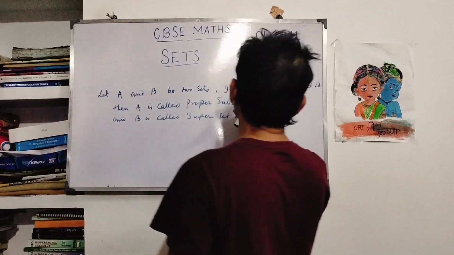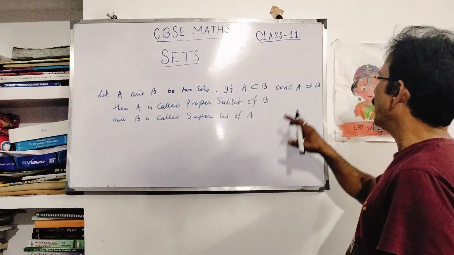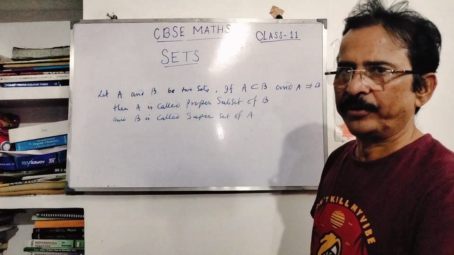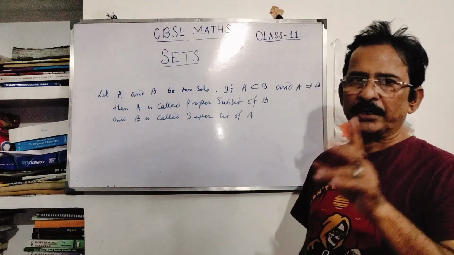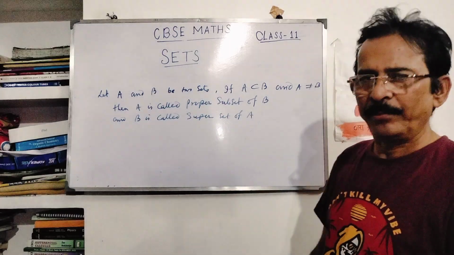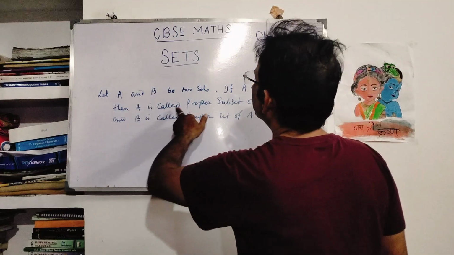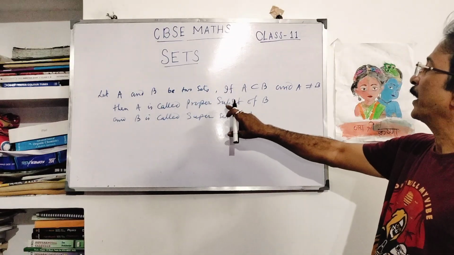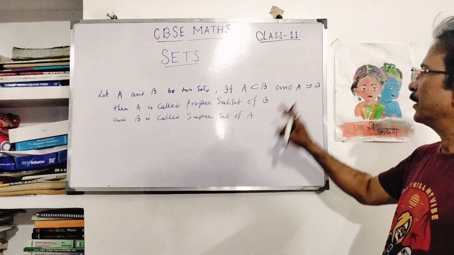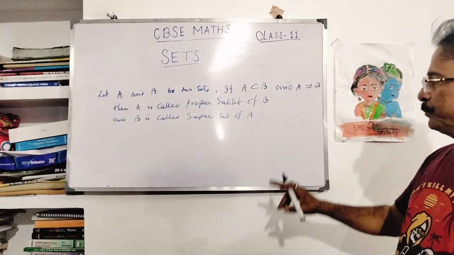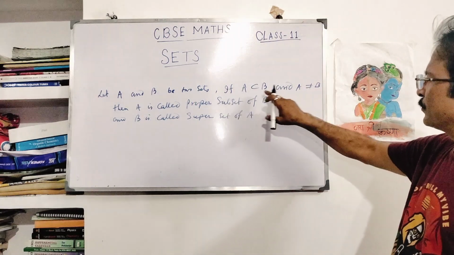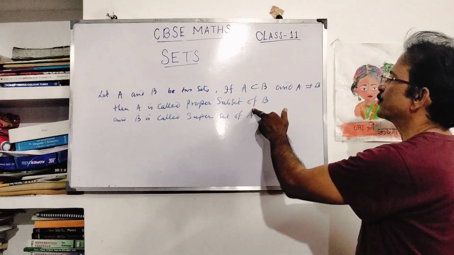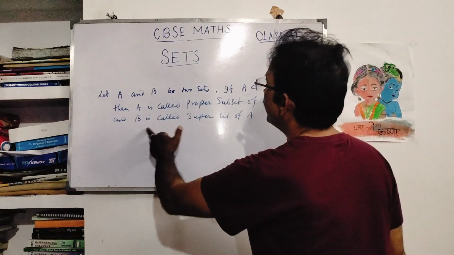If A is a subset of B and A is not equal to B, then A is called a proper subset of B. A is not equal to B, but A is a subset of B. Then A is called a proper subset of B, and B is called a superset of A.